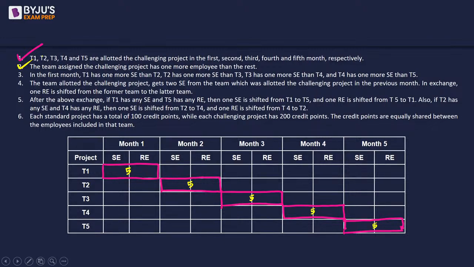Now, in the first month, T1 has one more SE than T2. T2 has one more SE than T3.